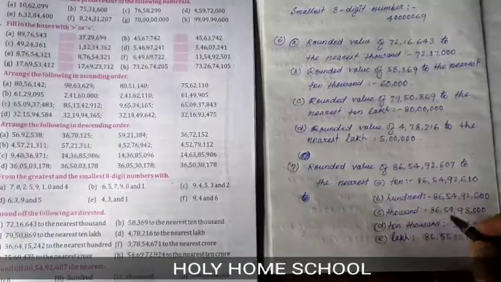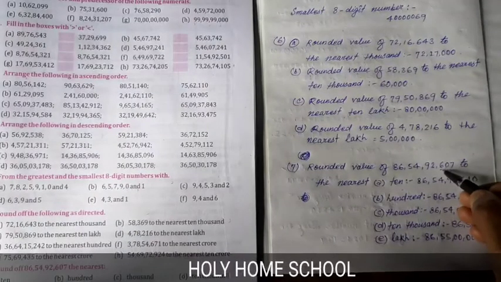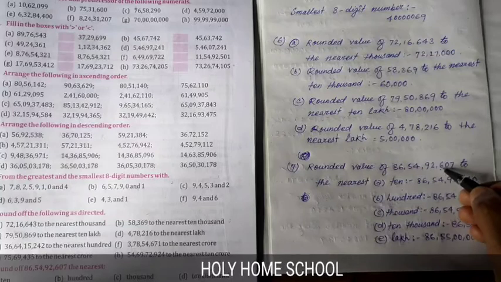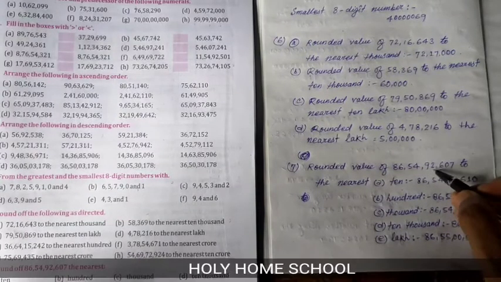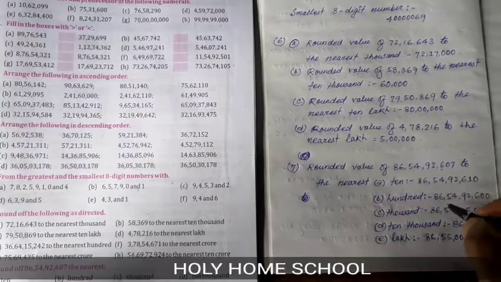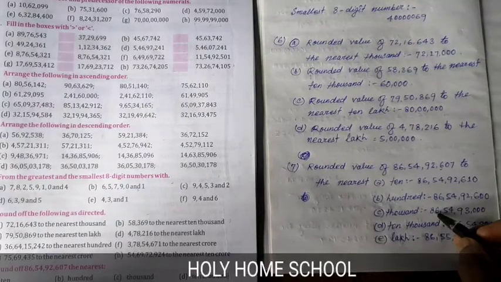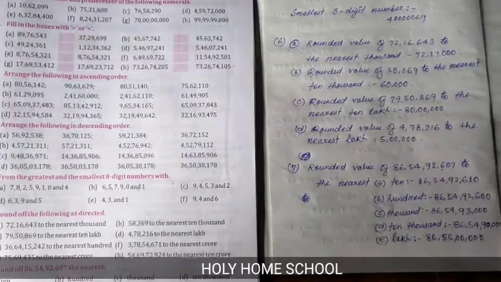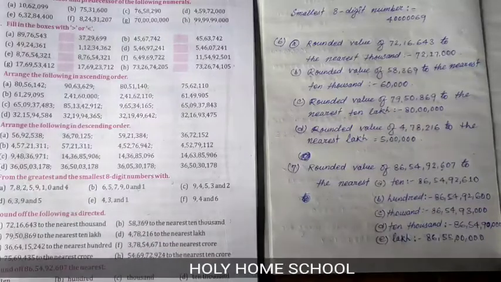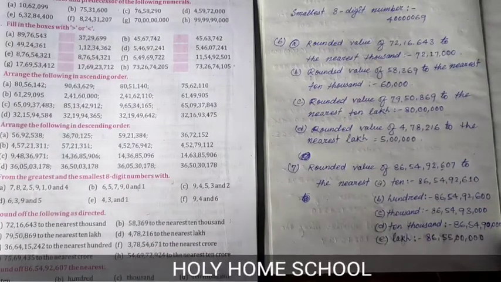Nearest 1000, at 100 place there comes digit 6, so 2 is increased by 1 and here it becomes 93,000, and the remaining digits we write as given.